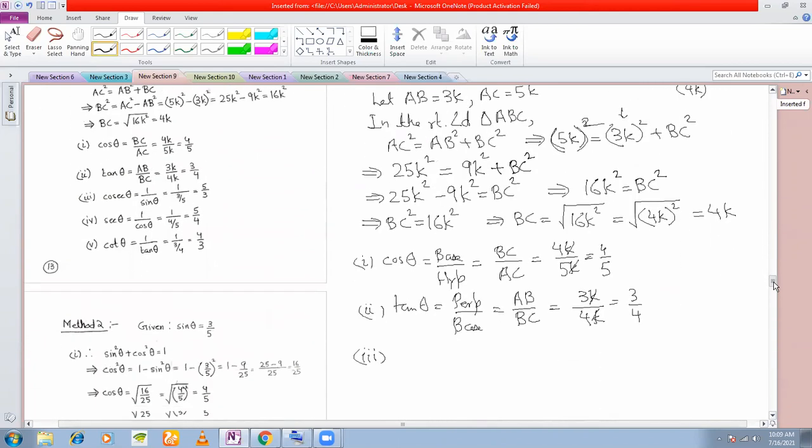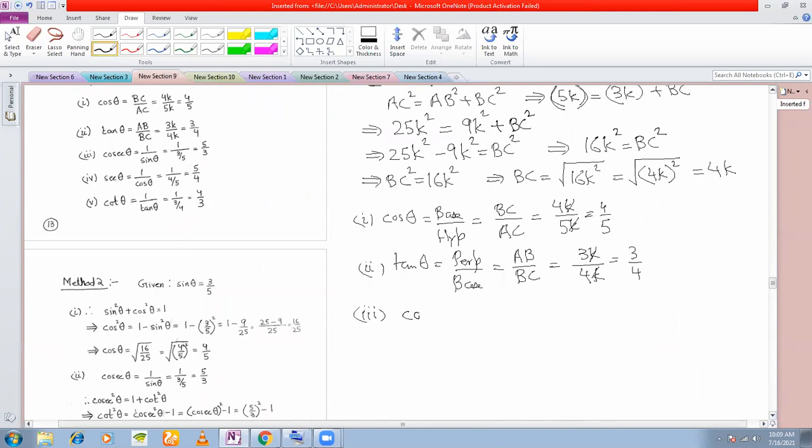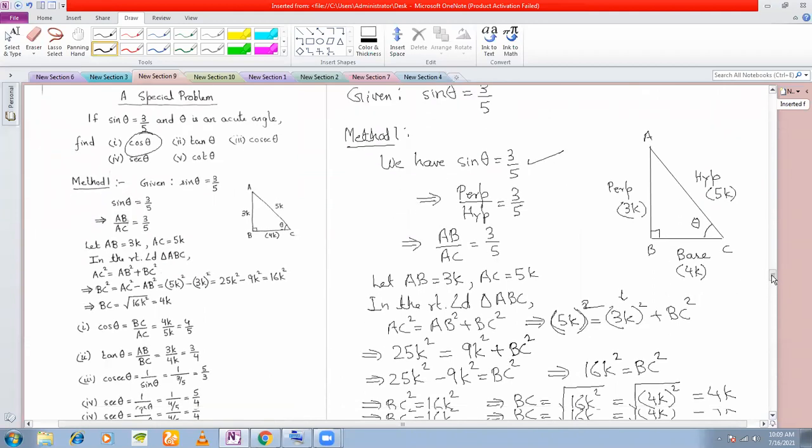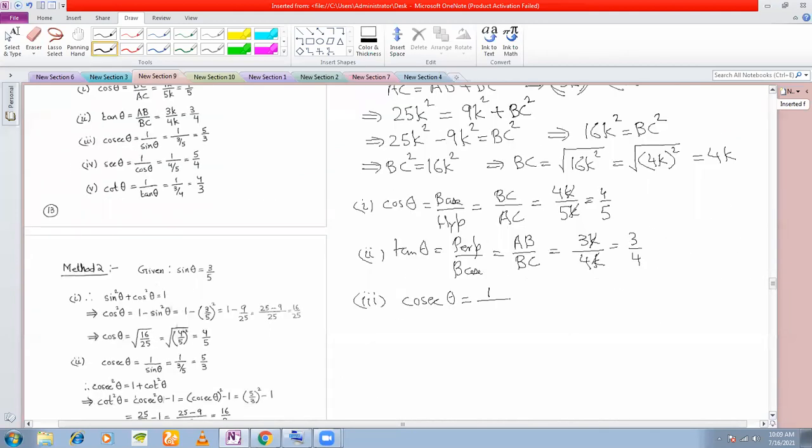Third here is cosec theta. Cosec theta, you can find out very easily because you know sine theta, right? So cosec theta is nothing but the reciprocal of sine. So 1 by 3 by 5 is equal to 5 by 3.